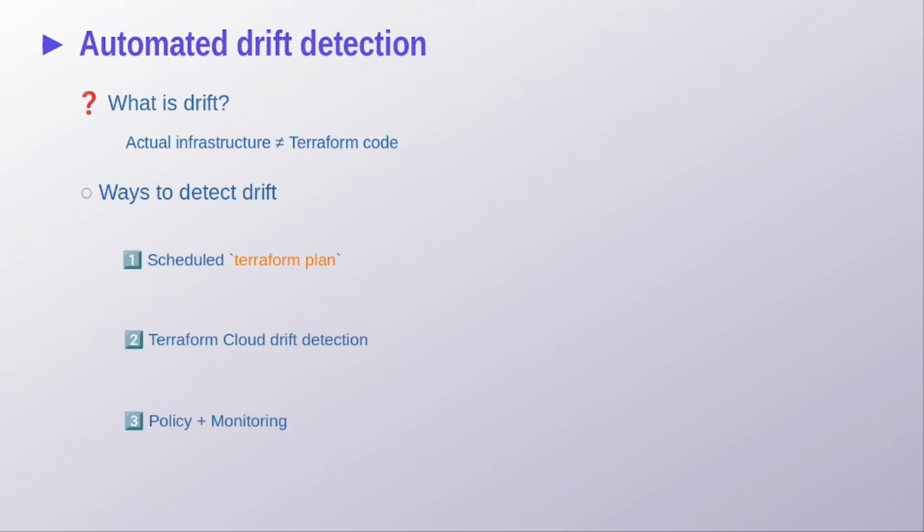The ways to detect drift: first, scheduled Terraform plan. Run daily or weekly. If changes are detected, alert the team. Next, Terraform Cloud drift detection. Next, policy monitoring, CloudTrail alerts, compliance checks. Drift is normal, but ignored drift is dangerous.